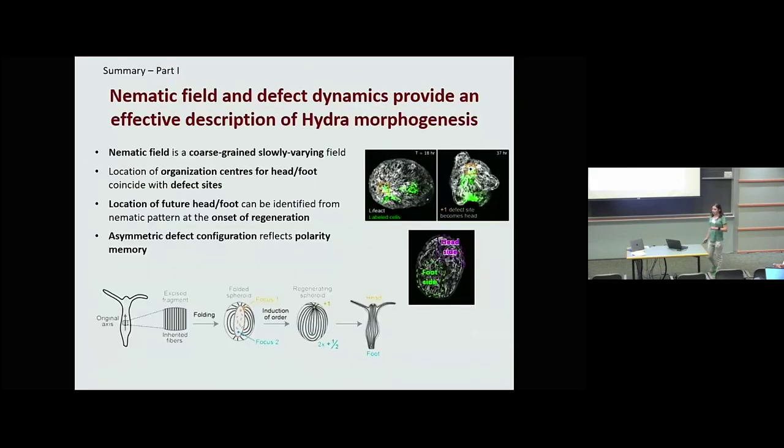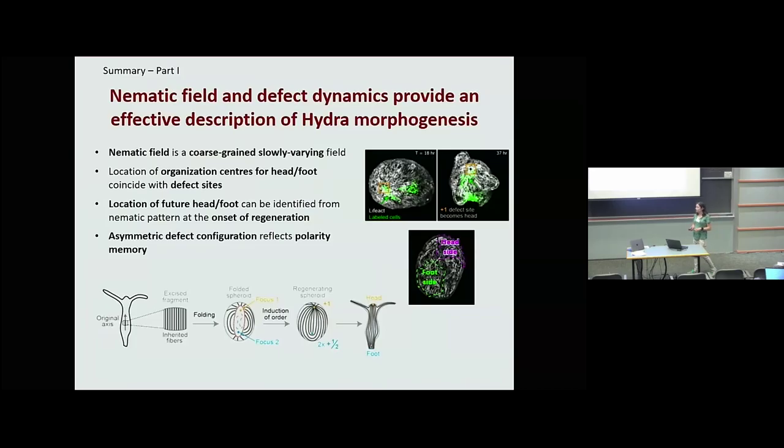Okay, so I'd like to just summarize what I've told you so far. We've seen that the nematic field and the defects provide us with a nice, effective description of what is happening during regeneration. The nematic provides us with a coarse-grained, slowly varying field, where the location of the organization centers that will become the head and the foot coincides with the defects in this field.